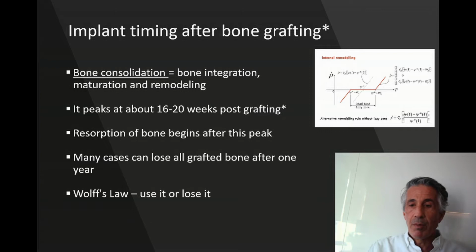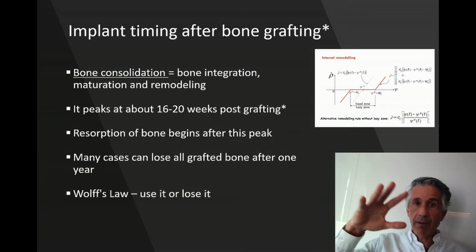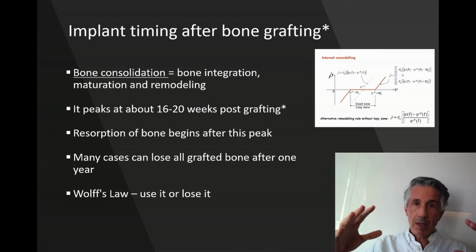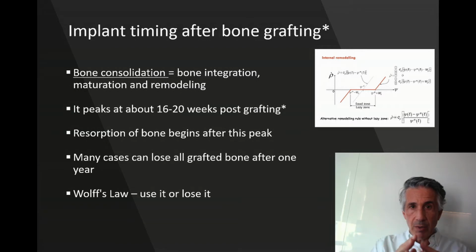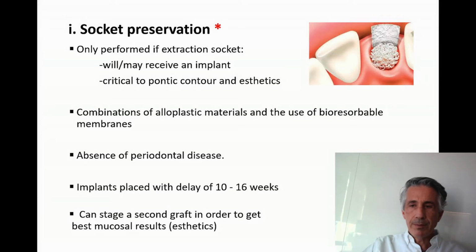The resorption of the bone then starts at that point, and if you've grafted bone, augmented on the area, and it matures to that volume, it shrinks a little bit, and then after 5, 6 months, if it's not being used, according to Wolff's law, they have there just above me, that slowly starts to shrink away. If you don't use the bone, you'll lose it. So, timing.